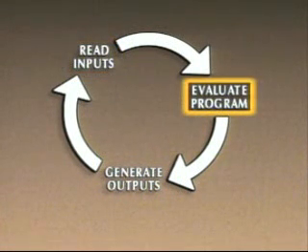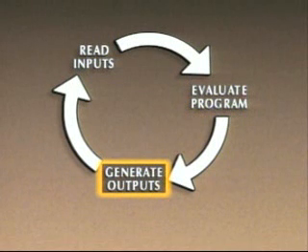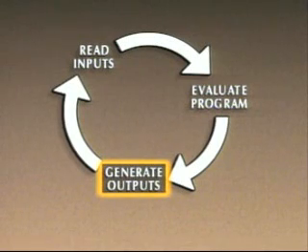After that, the programmable controller evaluates its entire control logic program. Based on this evaluation, it updates values that are in output memory locations. Finally, the programmable controller uses the values in the output memory locations to generate output signals that control process equipment.